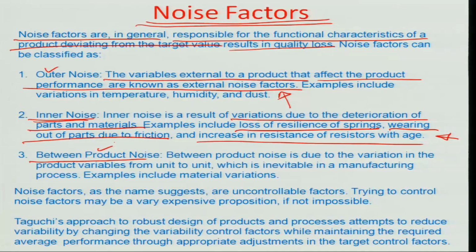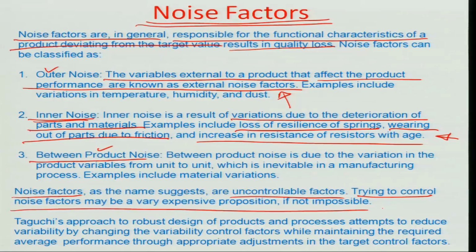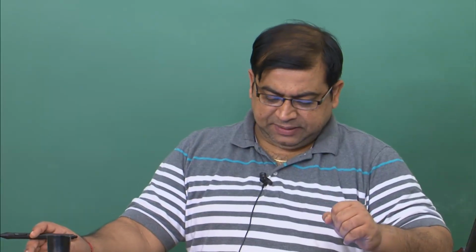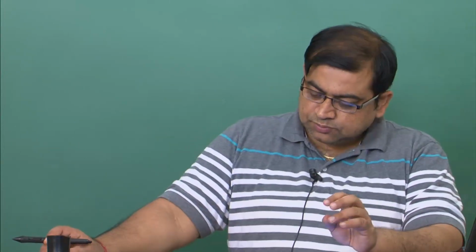So all noise factors are by and large uncontrollable, and trying to control them may be a very expensive proposition, although not impossible to some extent. Because they are very random in nature, their controllability becomes a real problem, particularly when you are talking about engineering systems.